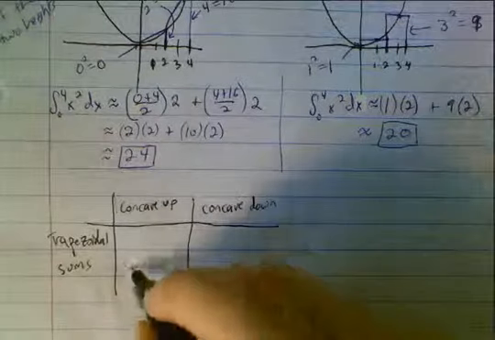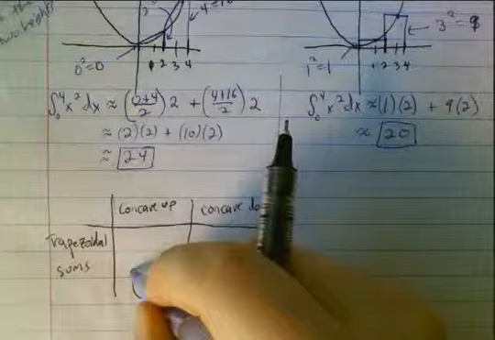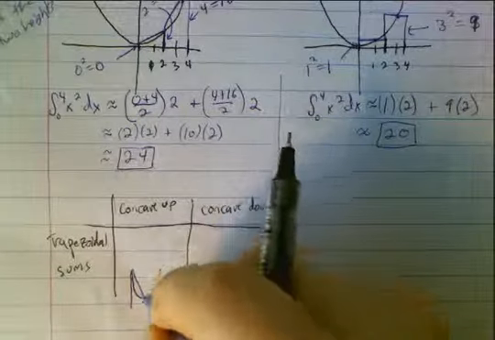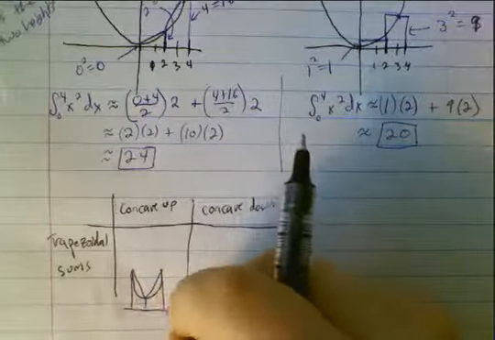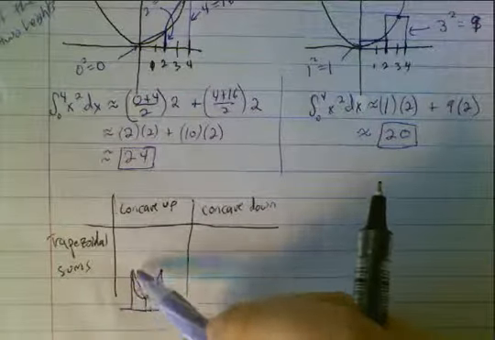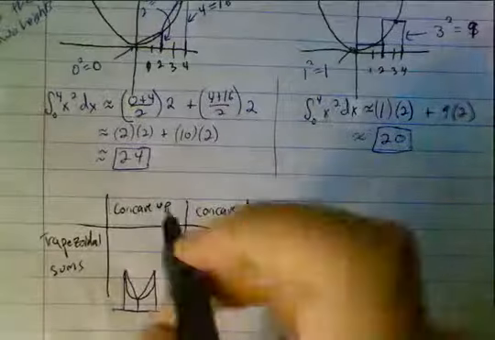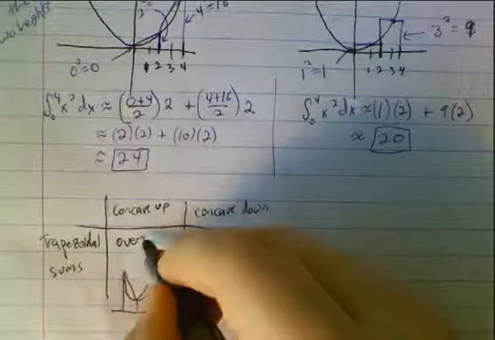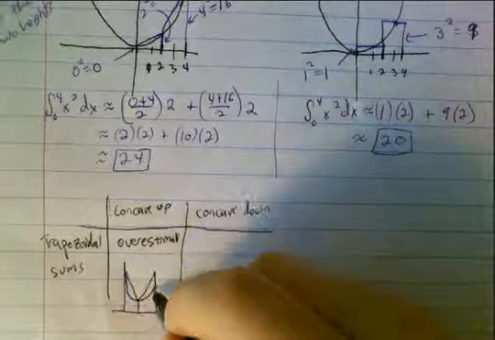So for example, if it's concave up, and we're going to draw our little trapezoids, whether it's increasing or whether it's decreasing, when we connect these points, this is going to overestimate. Here's our little curve here.